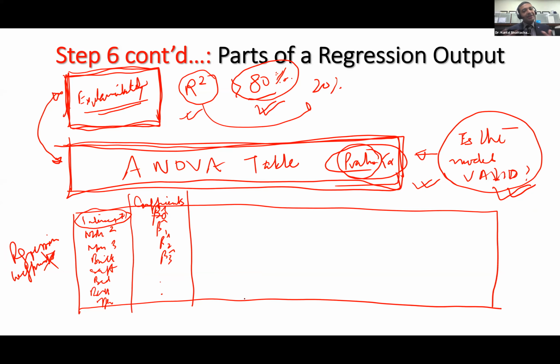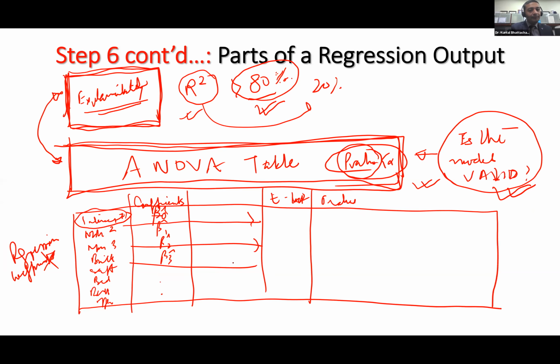But that is not where it ends, because if you see all those coefficients, you will have a natural tendency to say that my final equation is that entire equation. But this is where regression tells you whether each of these variables is statistically significant to stay in the model or not. And that is where you will see a t-test and a p-value for each one of these variables.